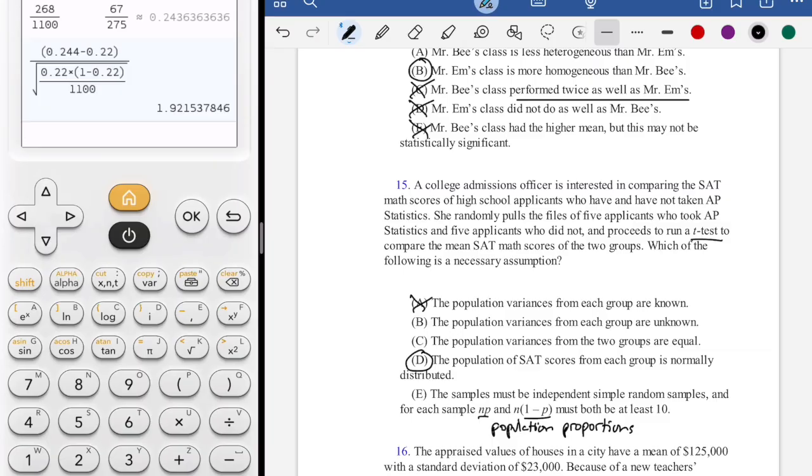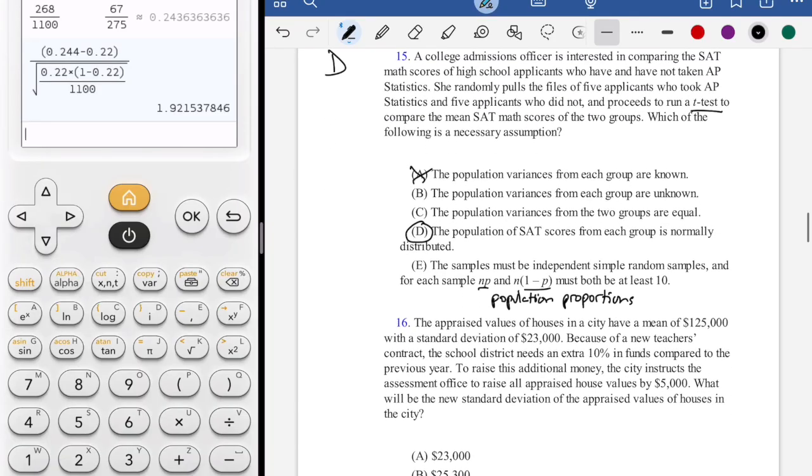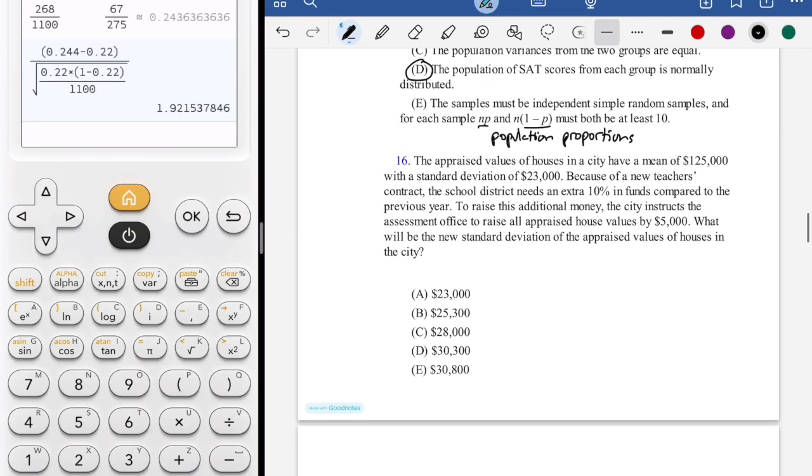So it's a good piece of information, and if you're dealing with a population proportion question, then sure, that would be an excellent choice. But in this case, because of the t-test, it doesn't make sense, so we just go with D. And again, whether we know the population variances, whether it's known, unknown, or equal between the groups, those are not necessary assumptions. There has to be an assumption of normality involved in order for most of these things to work.